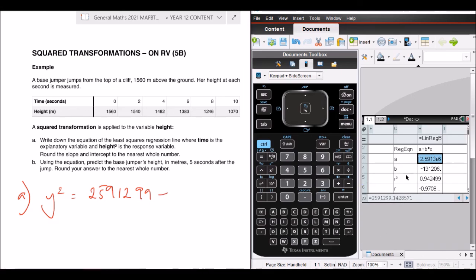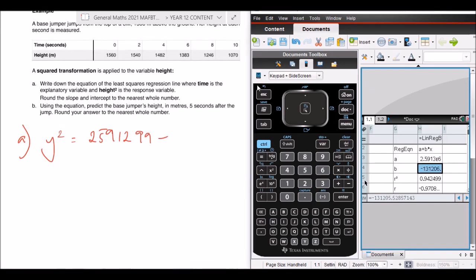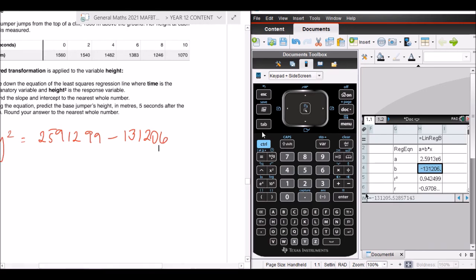So take away, and my value for B, remember it's y equals A plus BX, that's going to be negative 131,205. Oh, actually 2086, because that 5 will influence that 5. X. So there's my formula.